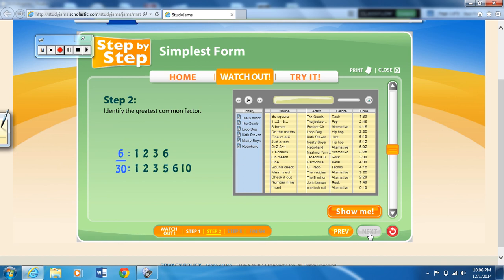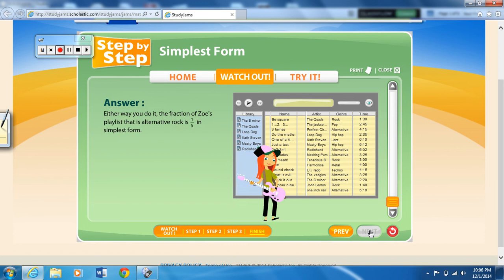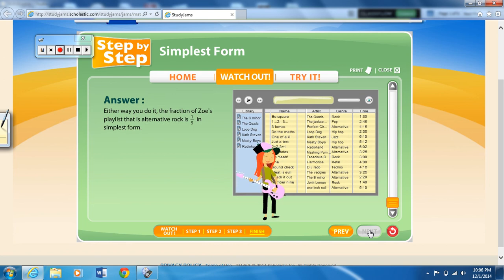Then, identify the greatest common factor. The greatest common factor is 6. Now, divide the numerator and denominator by the GCF. 6 divided by 6 is 1. 30 divided by 6 is 5. That makes 1/5. Either way you do it, the fraction of Zoe's playlist that is alternative rock is 1/5 in simplest form.